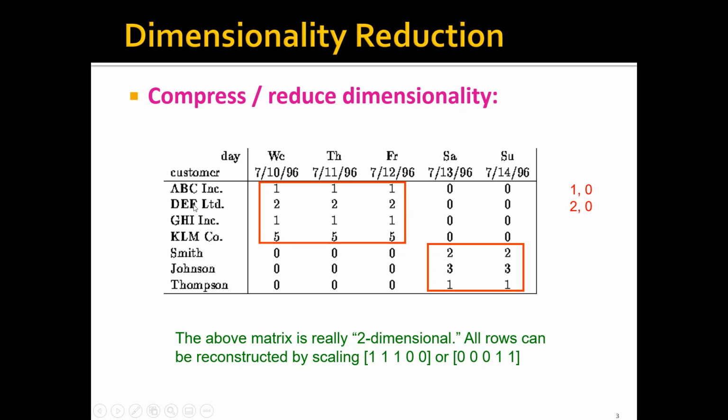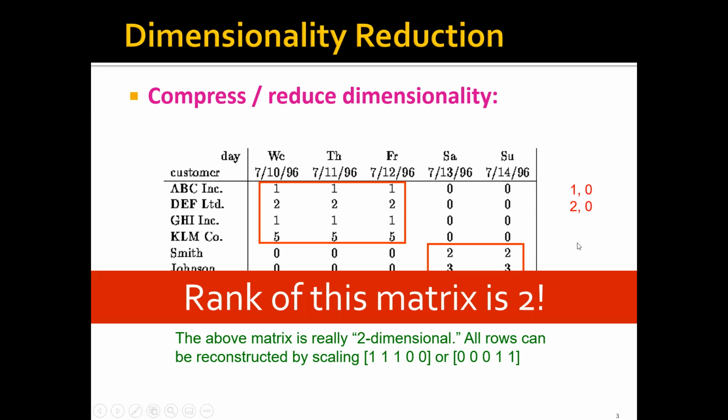Similarly, the second row can be represented by 2, 0. And the third one, of course, 1, 0. The fourth one would be 5, 0, etc. We can do this because the rank of this matrix is exactly 2. Therefore, we can use a two-dimensional basis to represent this large matrix.